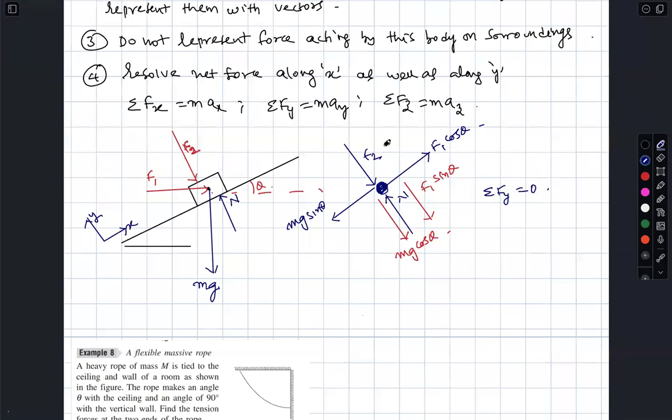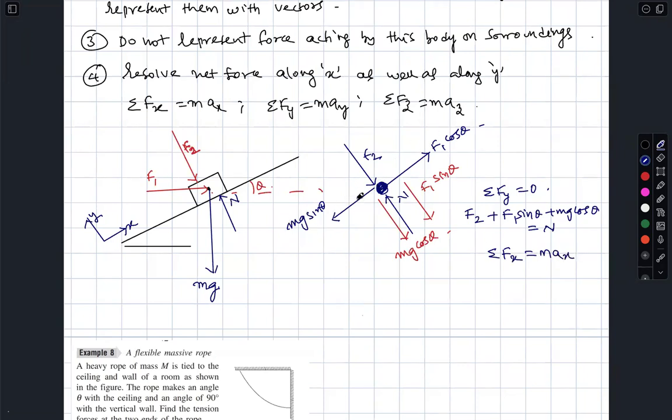So all the downward forces, F2 plus F1 sin theta plus mg cos theta, all are downwards. Only one force upwards, N. Right. Similarly, sigma Fx is equal to max.